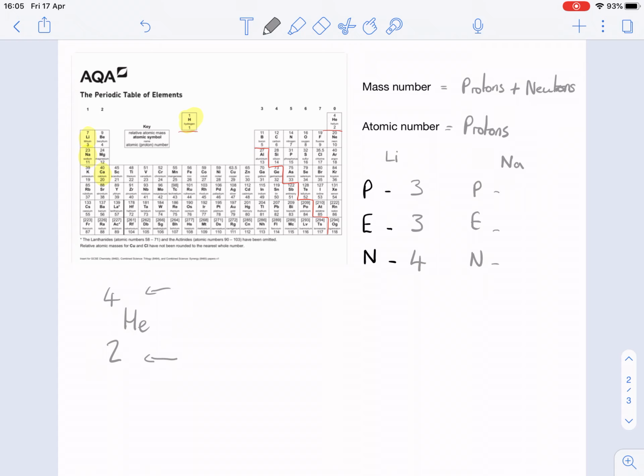So proton number, the atomic number is 11, so we have 11 protons. Protons are positive, electrons are negative, they cancel each other out, so you have to have 11 electrons. And then finally it's the top number, our mass number, minus our atomic number to give us our number of neutrons. So that is 23 minus 11, giving us 12 neutrons.